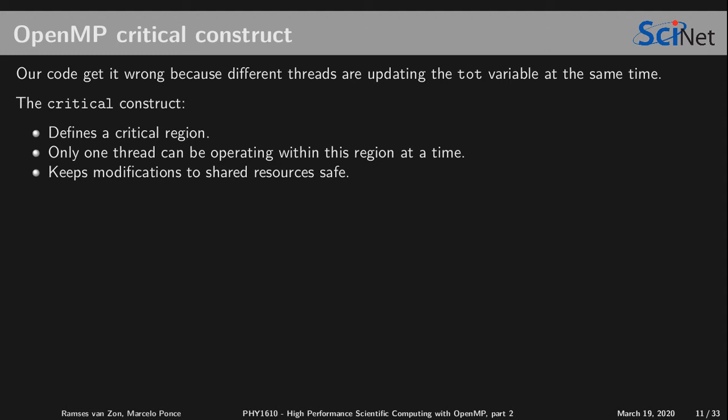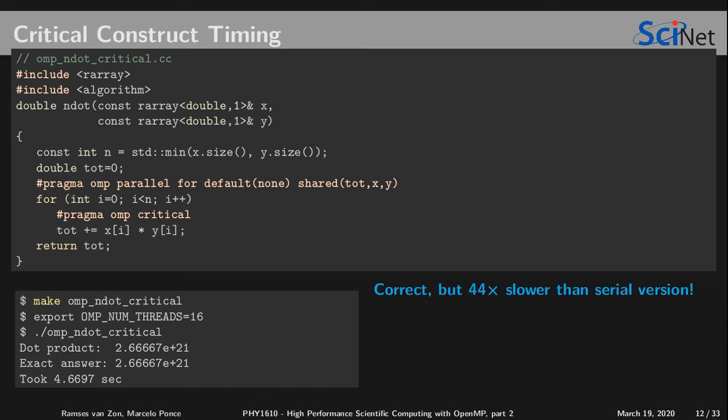Now, one way to try to fix this is to realize that critical is kind of heavy-handed. There's all kinds of locks that have to be done behind the scenes to make this work, and some operations like adding to a variable actually can be done without all of this extra software overhead by the CPU, it turns out.